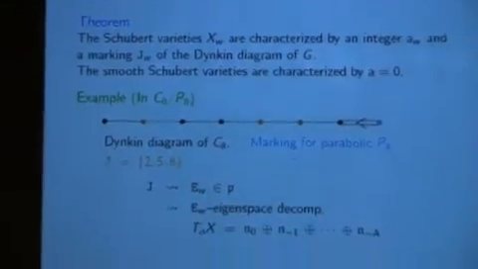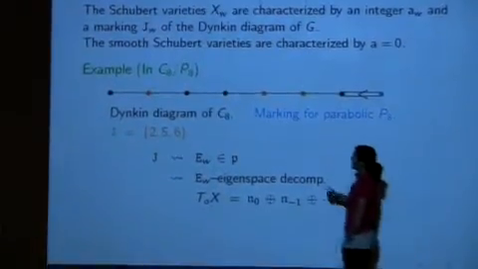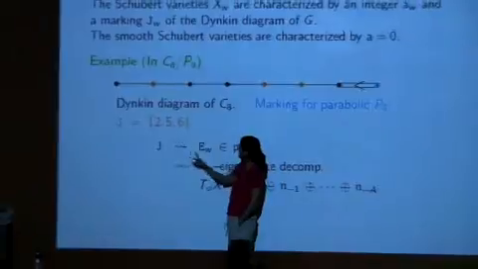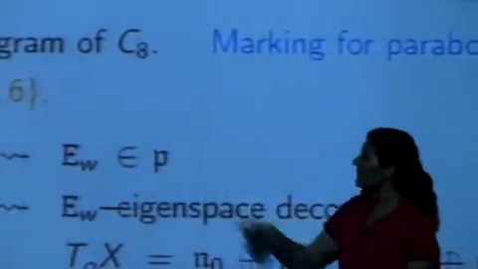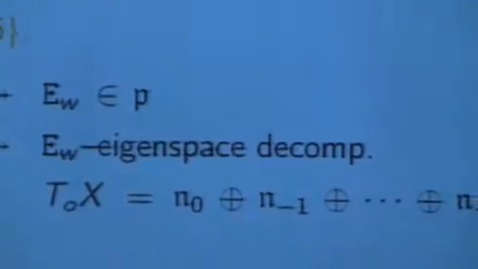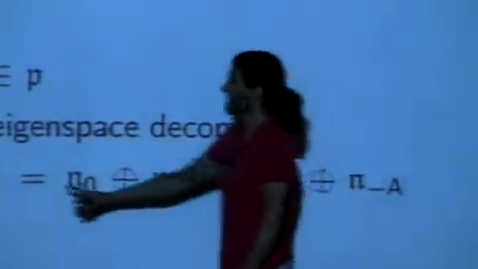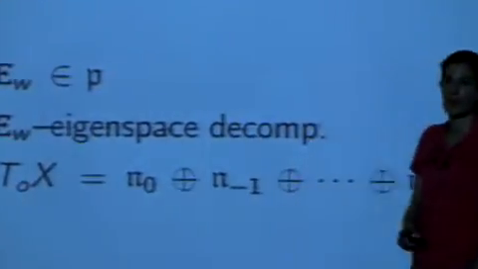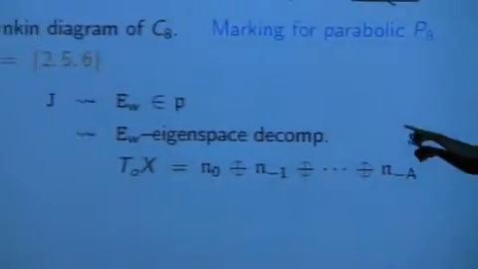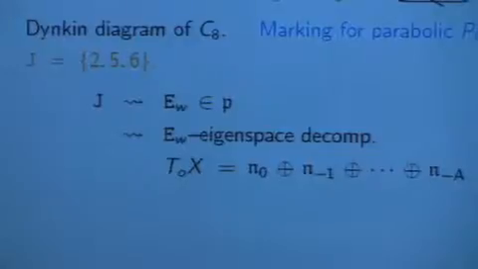Okay. Once you have this marking, there's some representation theory in here. It gives you a distinguished element E_W of the Lie algebra of the parabolic group P. And there is an eigenspace decomposition of the tangent space to the homogeneous variety into eigenspaces for E_W.